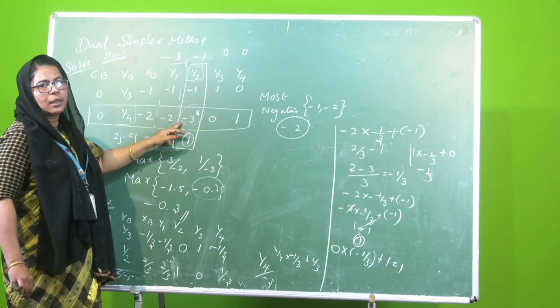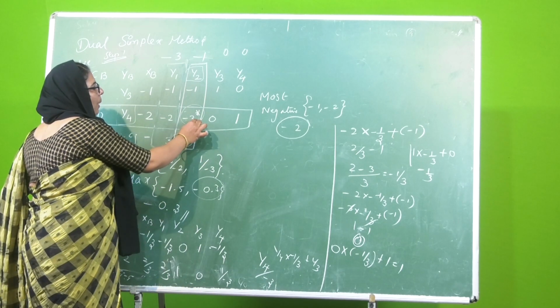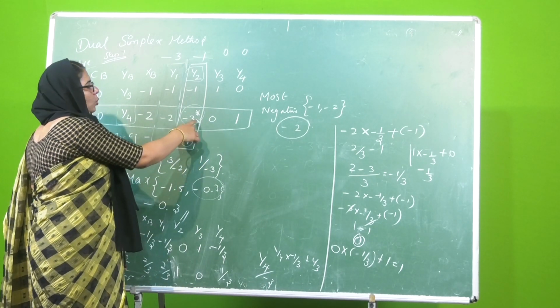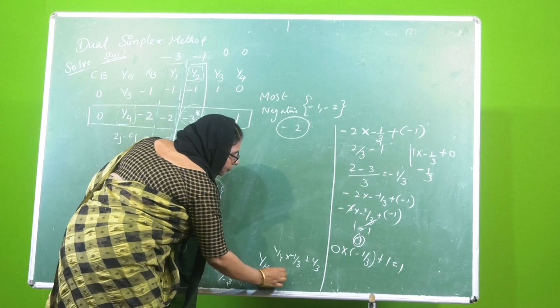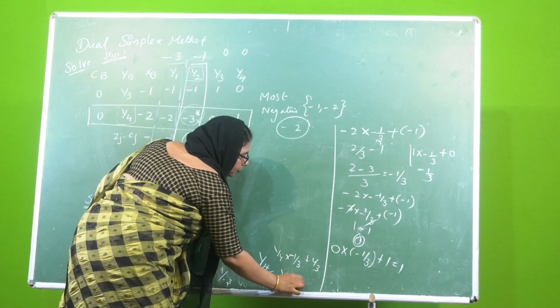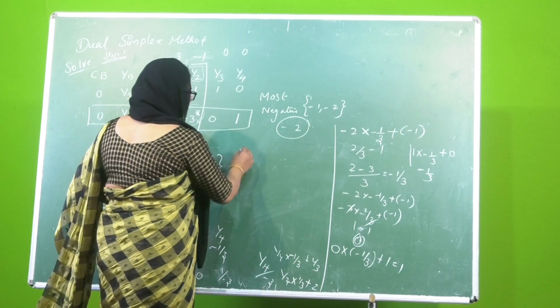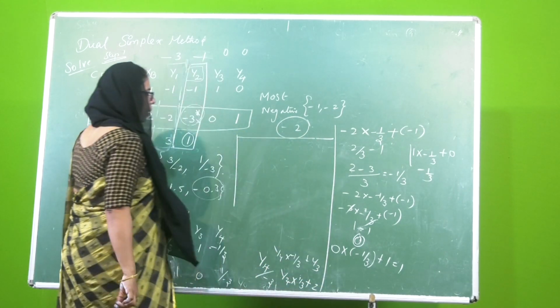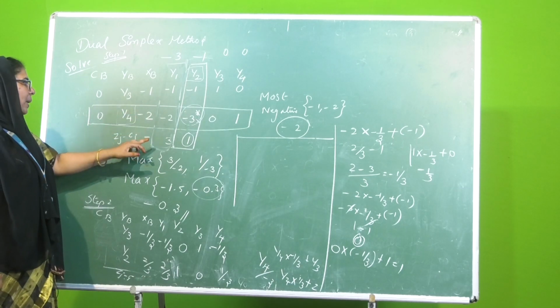So you multiply anything by the pivot element. So you want minus 1, so minus 1 into 1 by 3. So Y4 into 1 by 3 plus Z.